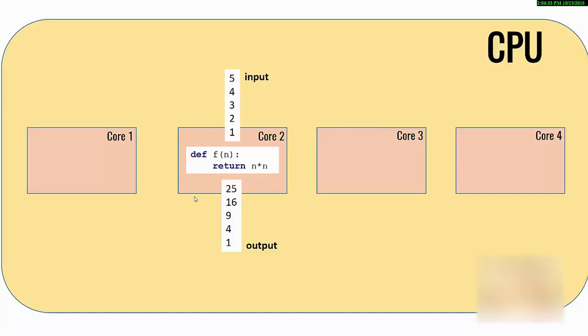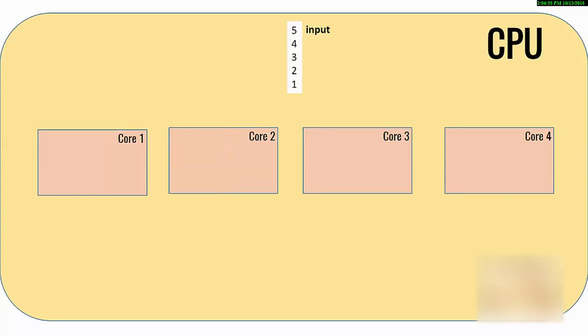But if you are doing heavy image processing or heavy computation, then giving all the workload to one core might not be a good idea. If you can somehow parallelize your work and divide this input between multiple cores, it would be better. So I'm going to show you how you could do it.